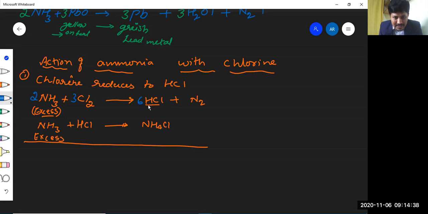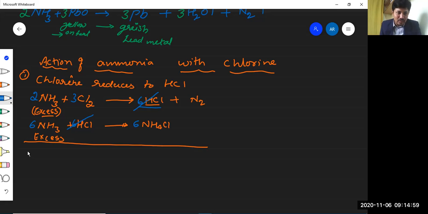But how many HCls did we get in the first step? That is 6. So for 6 HCls, I should add 6 molecules of ammonia to produce 6 molecules of NH4Cl. The HCl produced in the first step is consumed in the second step, so I can cancel it. Then what is the overall reaction of chlorine with ammonia?